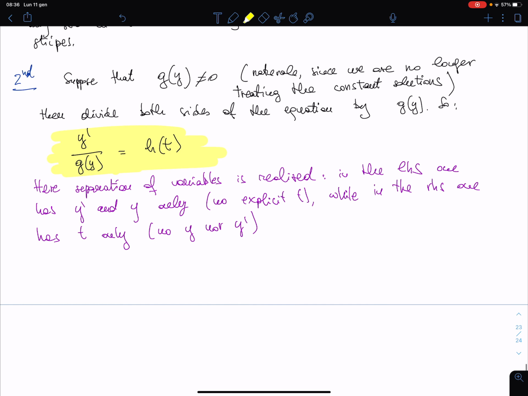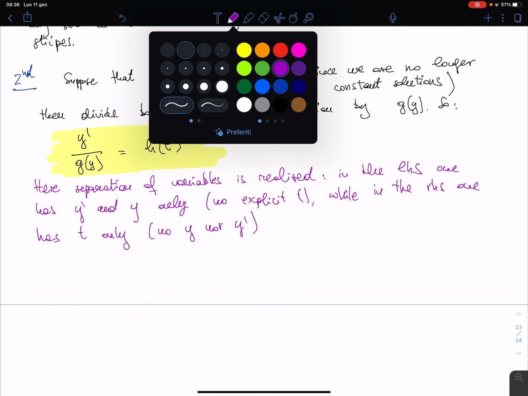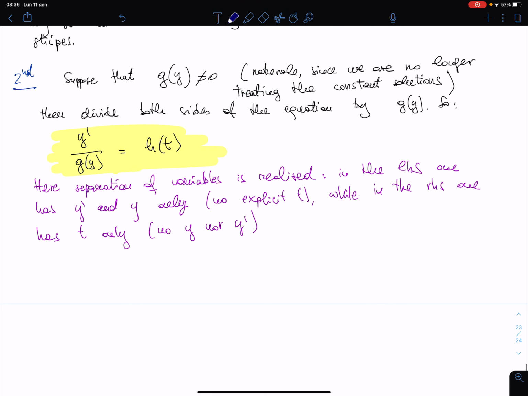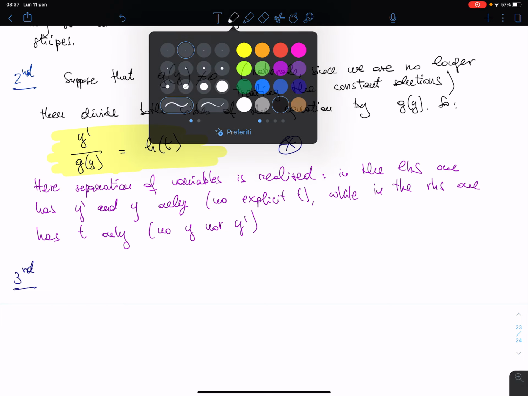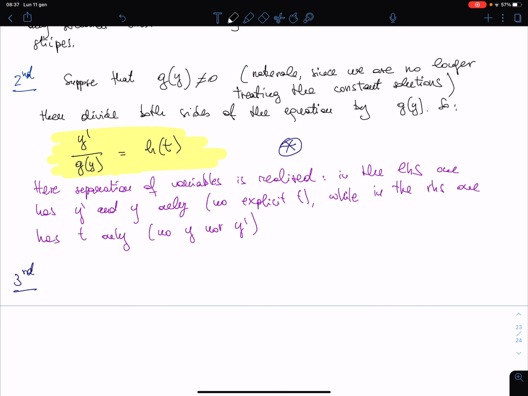Third, and let me call it asterisk. So we integrate both sides of asterisk in the variable t.